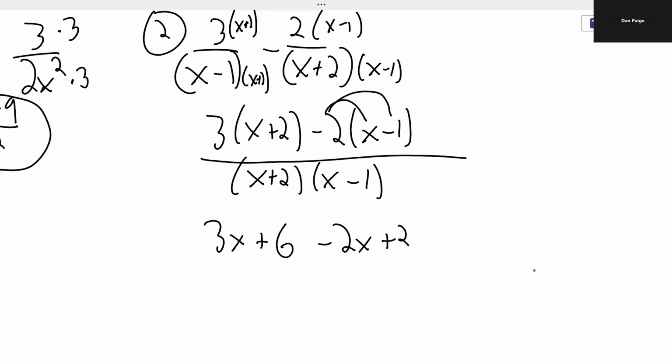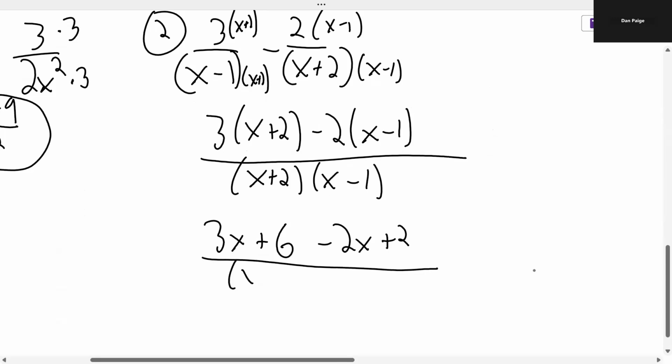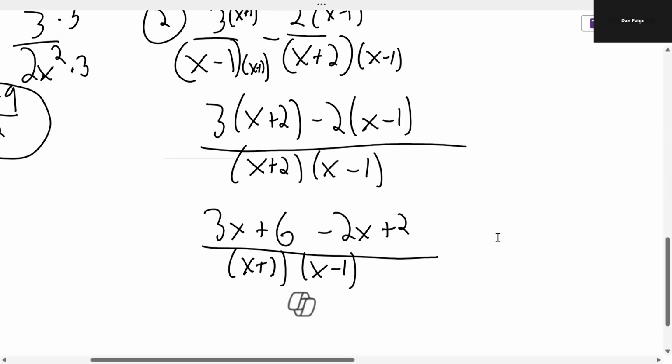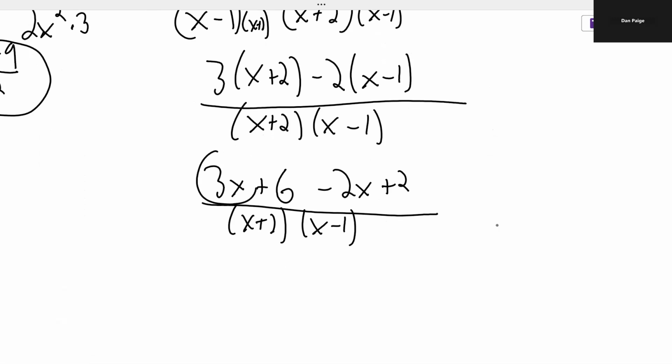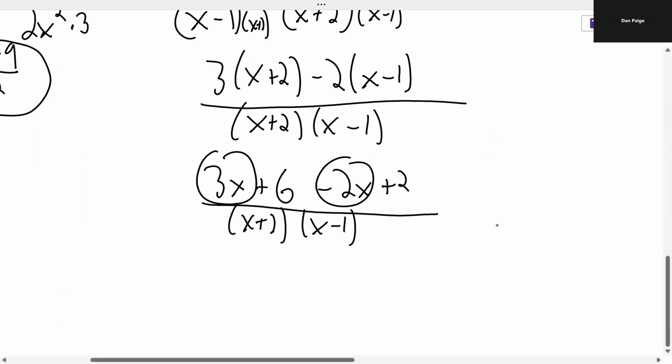And then the denominator is the same. x plus 2, x minus 1. That's distributing. What comes after distributing? Combine like terms. 3x minus 2x is 1x. 6 plus 2 is 8.